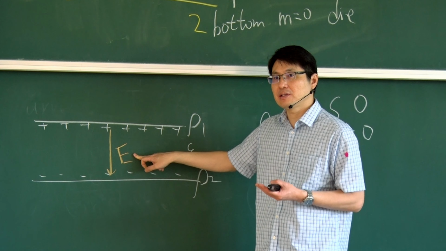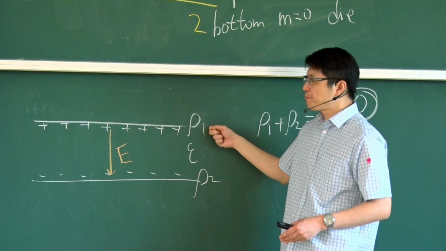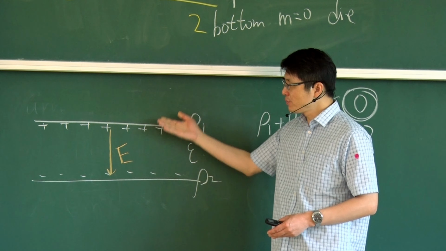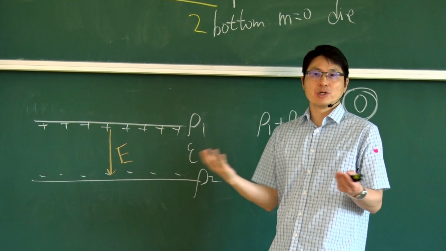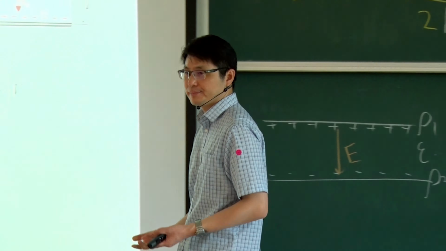Thus rho 1 and rho 2 have to be equal in amplitude but opposite in sign. If you have positive 5 coulombs, you have to have negative 5 coulombs so that in total there's no charge. That's called charge neutrality.